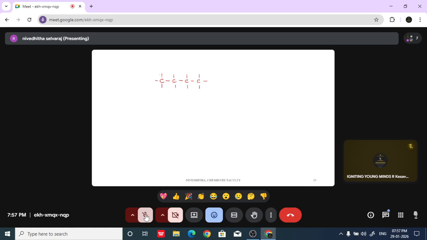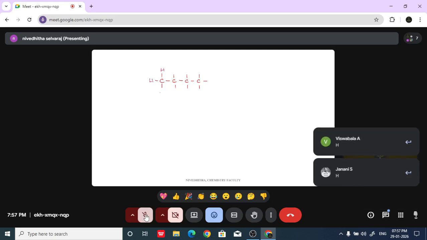If I try to fill this empty bond using a carbon atom, then again this carbon atom will have 3 more chemical bonds, right? So instead of carbon, could you please tell me any atom with valency 1? Hydrogen.